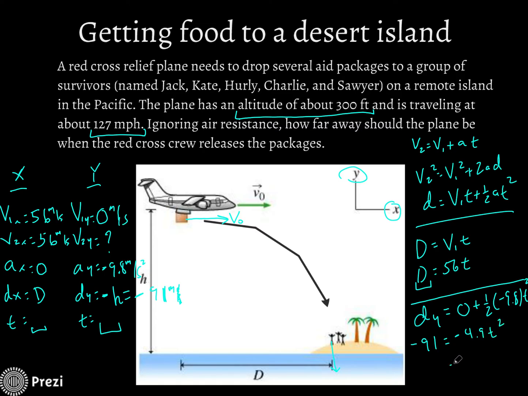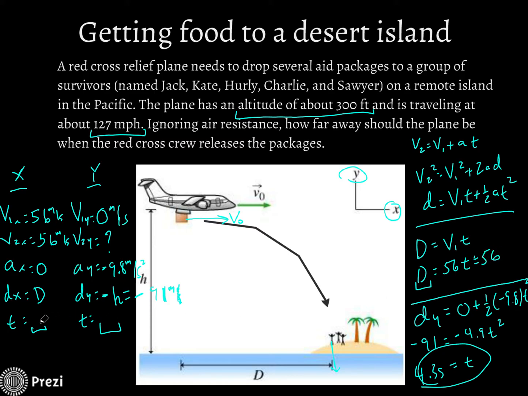If I now just solve this equation for t, what do I get? I get a glorious 4.3 seconds. So this package is in the air for 4.3 seconds before it lands. But now that I have that, I could very easily just put that in here for my time.